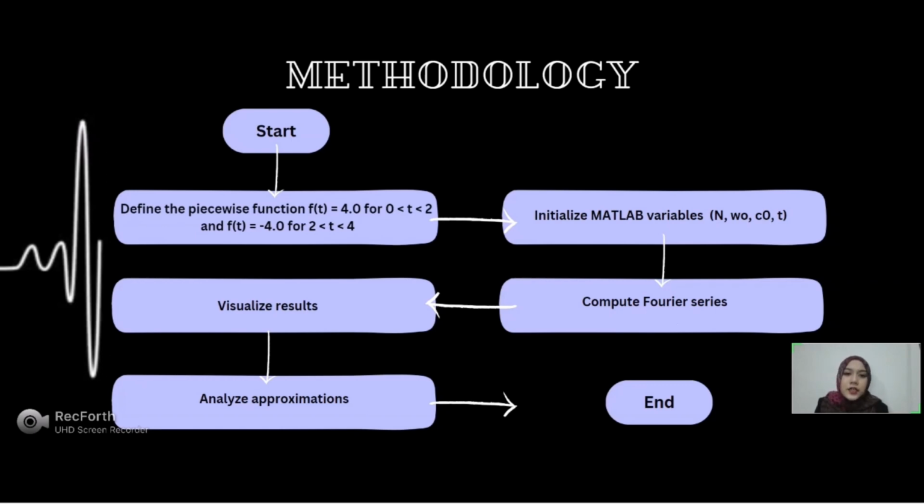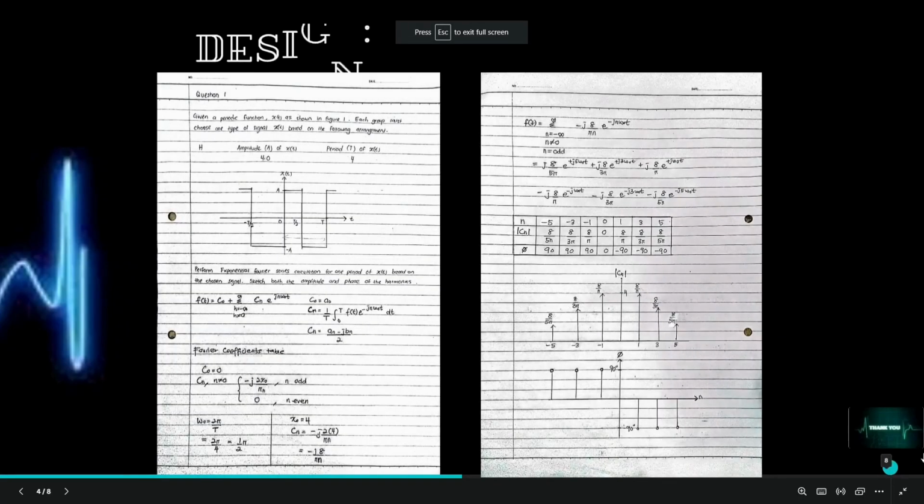Analyze approximations: accuracy evaluation at the transition position, specifically t = 2, where the function changes its value. Then compare the results obtained from the complex exponential and trigonometric forms of the Fourier series. And the process concludes.